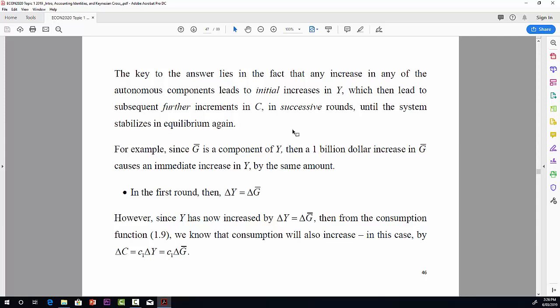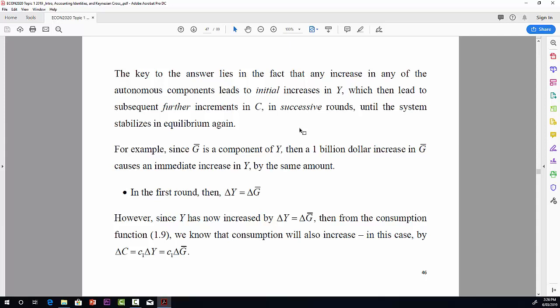So if we get an increase in any of the autonomous components of expenditure, for example government expenditure, then, because government expenditure is a component of aggregate expenditure, y is equal to c plus I plus g, if g goes up, then y goes up for sure. But when y goes up, remember that consumption is a function of y.